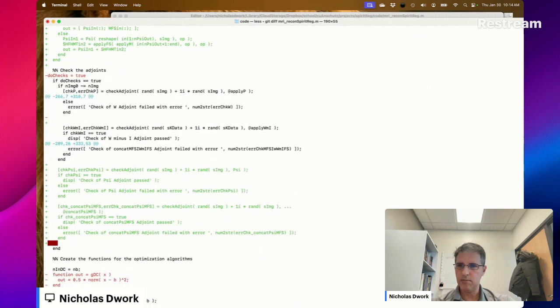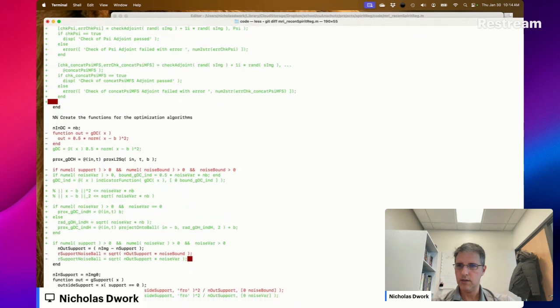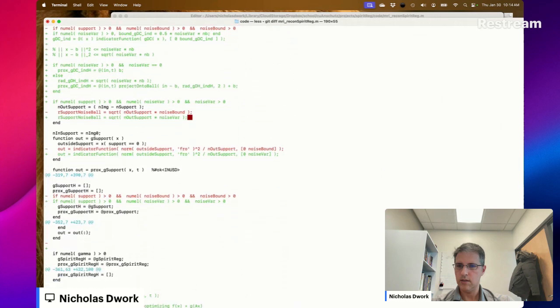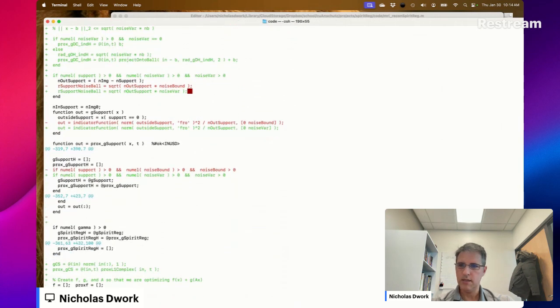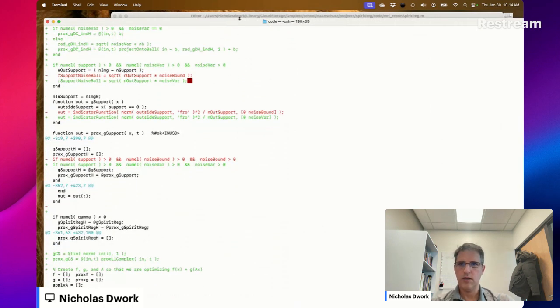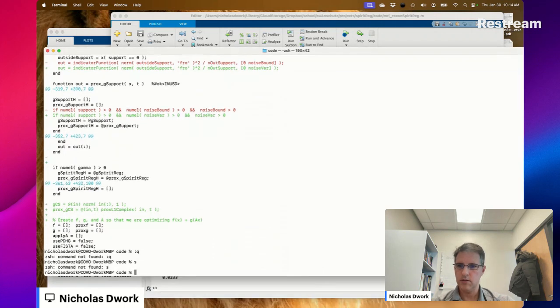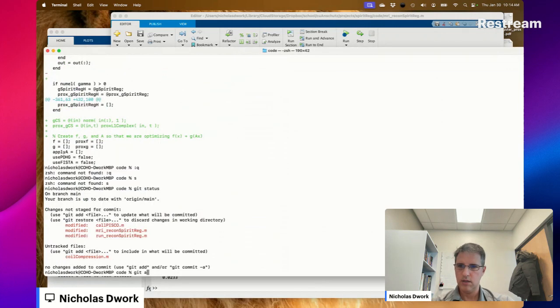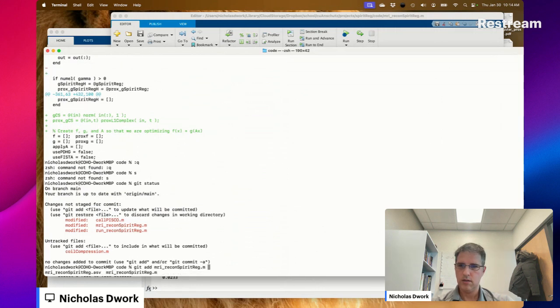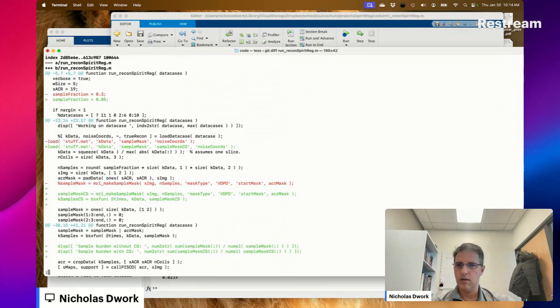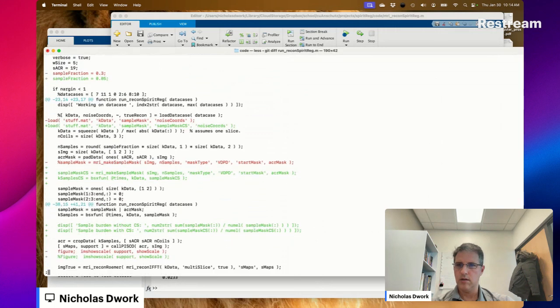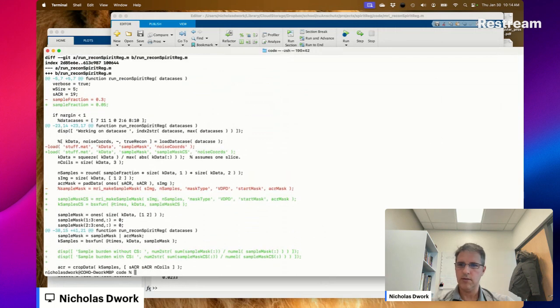This is us adding compressed sensing into this code. We're going to check this in. Can't see the bottom of this window. No, we're not going to check that in.